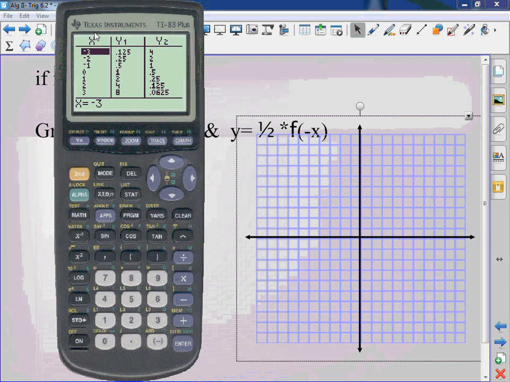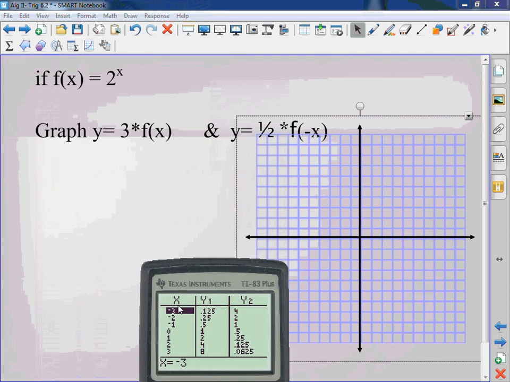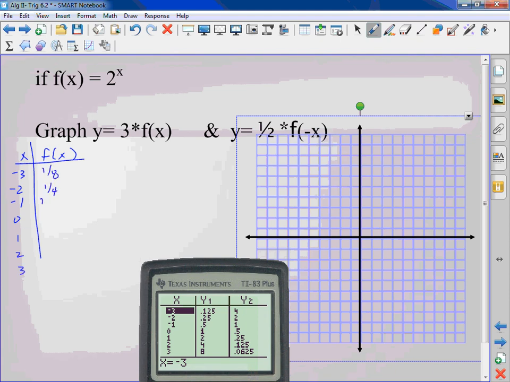All right, let me do the chart. I'll do it by hand. You had your original one: -3, -2, -1, 0, 1, 2, 3. This was 1/8, 1/4, 1/2, 1, 2, 4, 8. That's the original one.